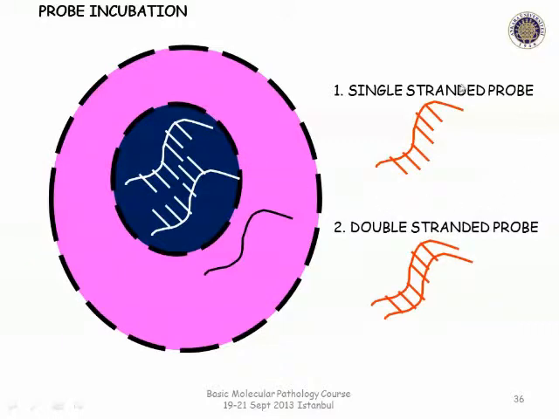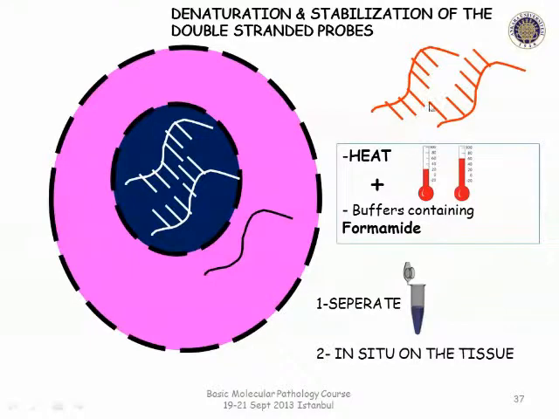These probes can be single-stranded or double-stranded. If you're using a single-stranded probe, then it is easy. Just drop it on the cell or the tissue and seal it, and leave it for incubation. But if you have a double-stranded probe, then you need to denature your probe first. This denaturation is done similarly to the target DNA, so you need heat and also formaldehyde containing buffers.